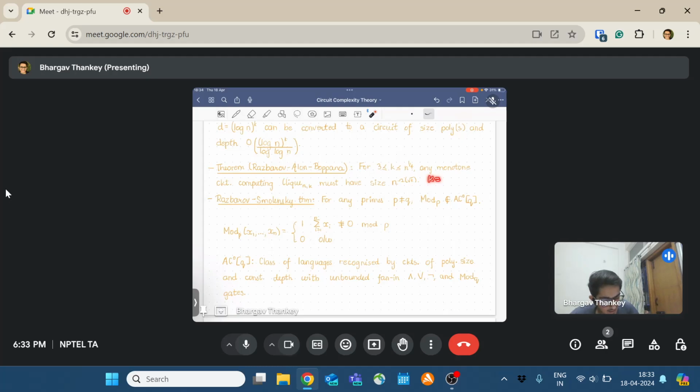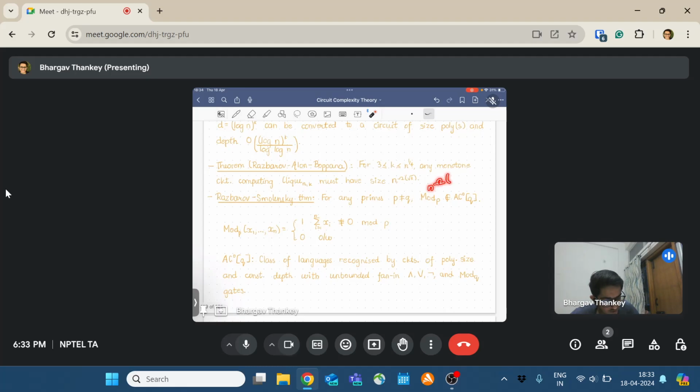So if I take k to be n to the 1 over 4, I get n to the omega of root k, which is 2 to the n to the 1 over 8 log n. So this is some exponential, but at least a super polynomial lower bound for monotone circuits computing clique. And this was proved using the method of approximation.